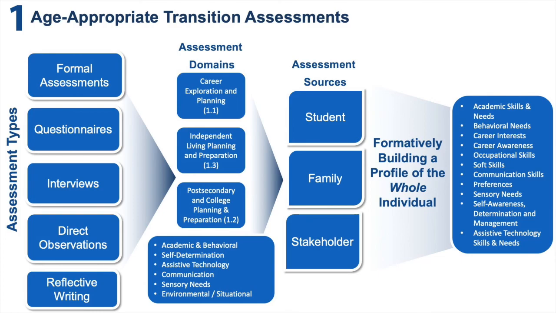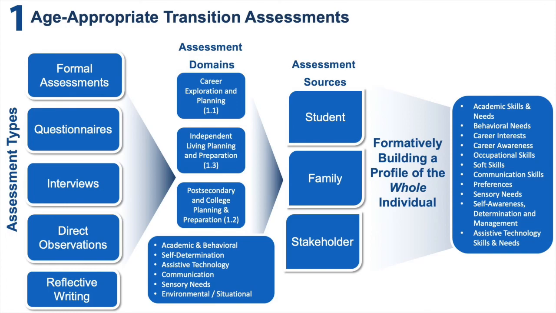So with this mantra in mind, age-appropriate transition assessments should be formal and informal. Formal assessments such as academic or behavioral evaluations are standardized and allow for comparison of students according to some criterion, which is usually advanced, proficient, or primer.